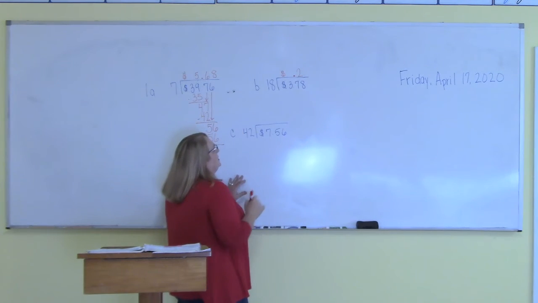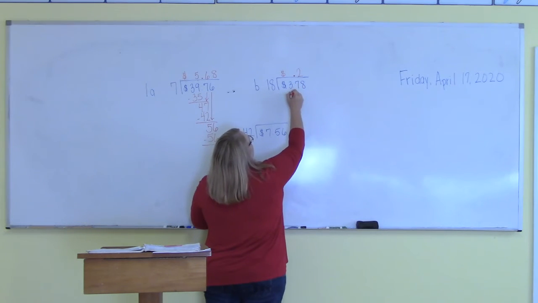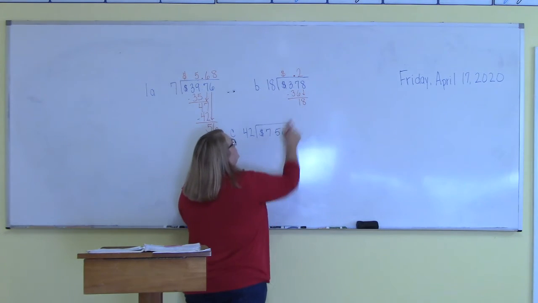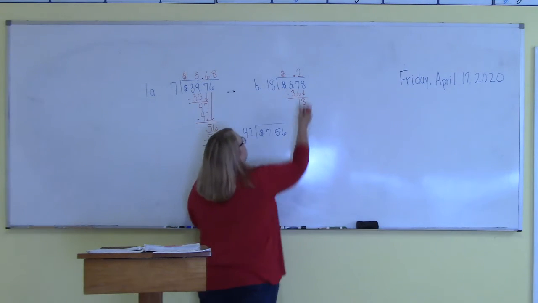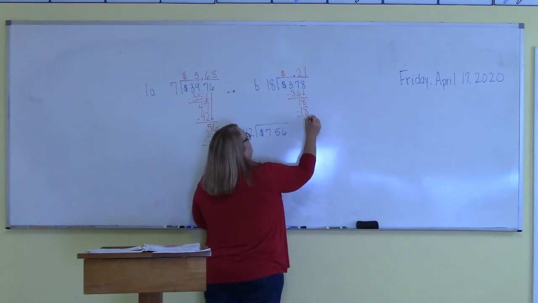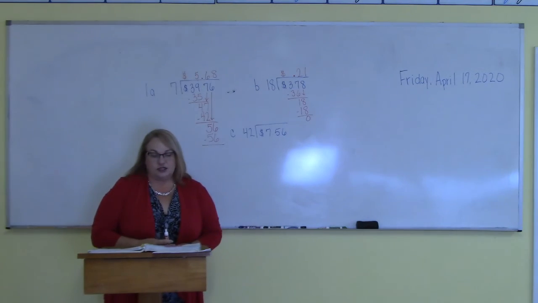What is 18 times 2? It's 36. 7 minus 6 is 1. Bring your 8 down. How many times will 18 go into 18? 1. 1 times 18 is 18. No remainder, so 21 cents is your answer.